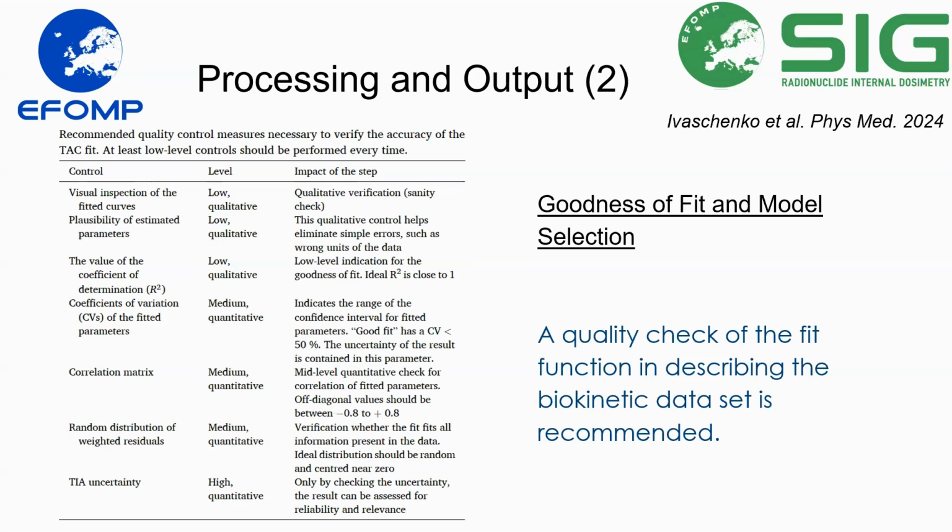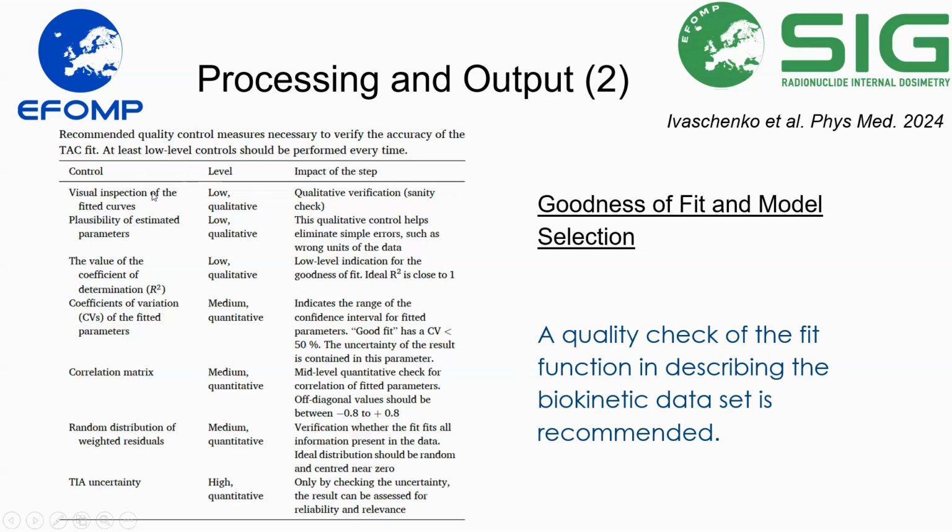Starting with the visual inspection of the fitted curve, qualitative plausibility of estimated parameters, the value of the coefficient of determination R squared, coefficient of variation of the fitted parameters, correlation matrix, random distribution of weighted residuals, and also AUC uncertainty.